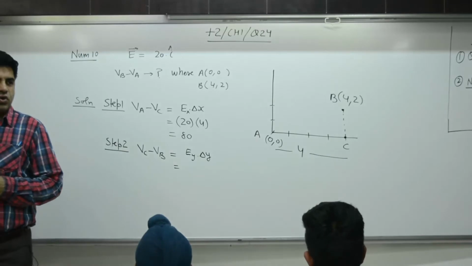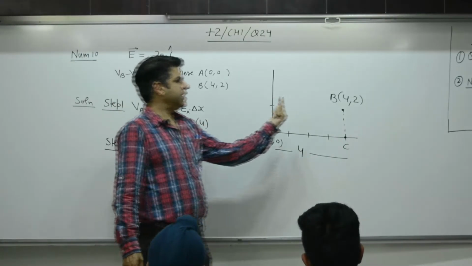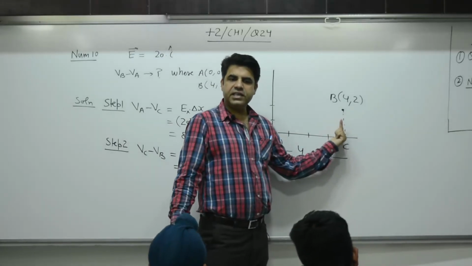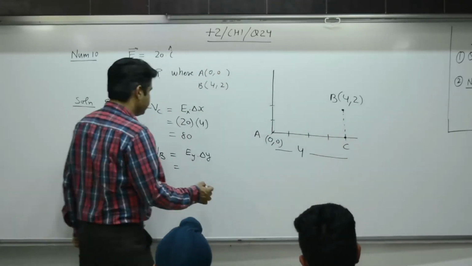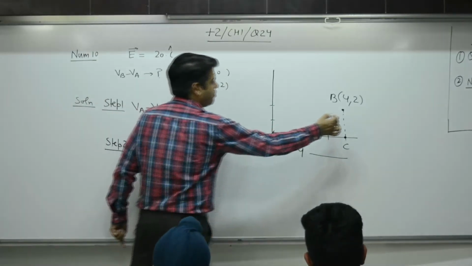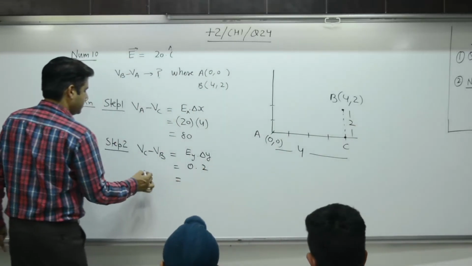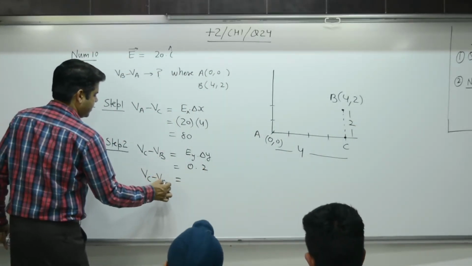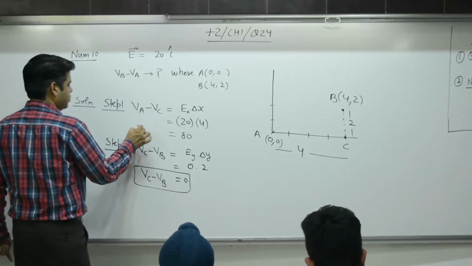There is no electric field along the y-axis. Any electric field is only along x-axis. That is why Ey is 0. Delta y, no doubt it is 2, whatever this value be, that makes no difference to the answer. Vc minus Vb is equal to 0. Check, what do you need?